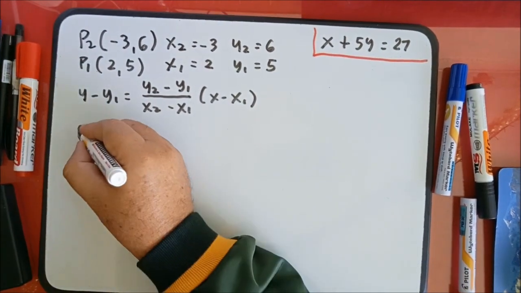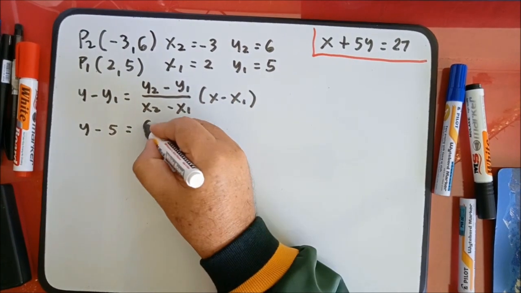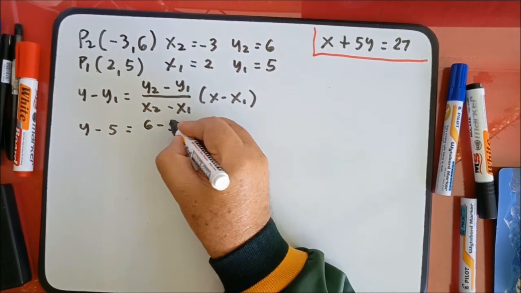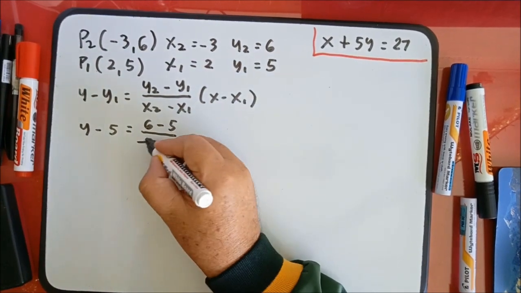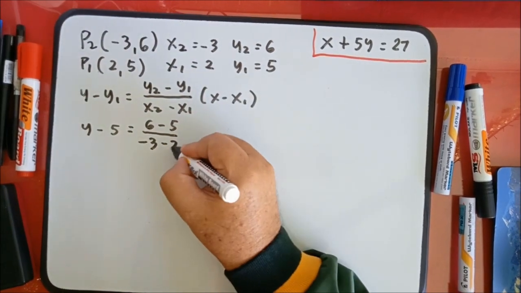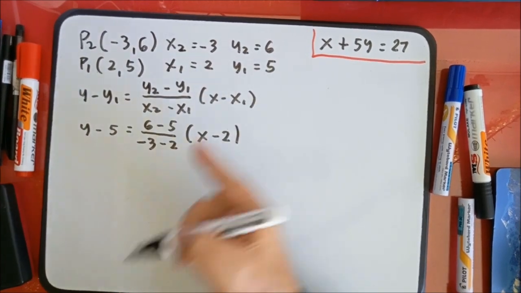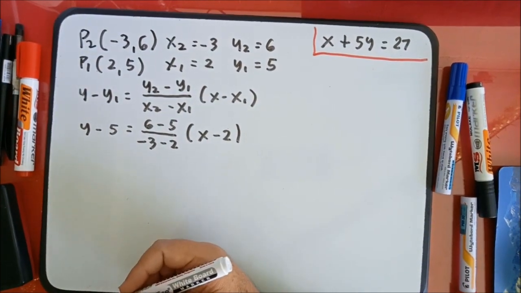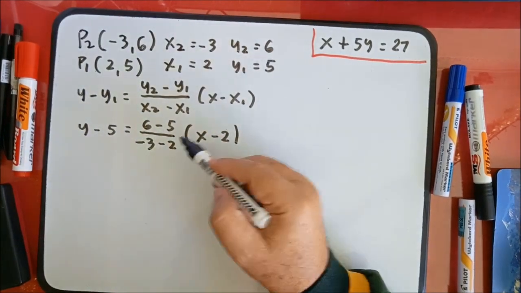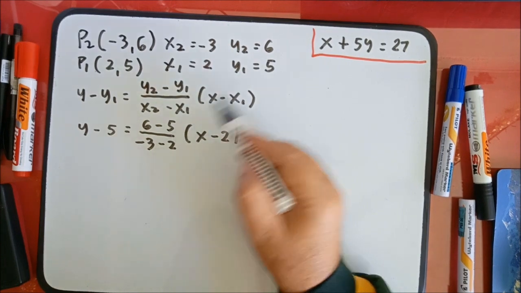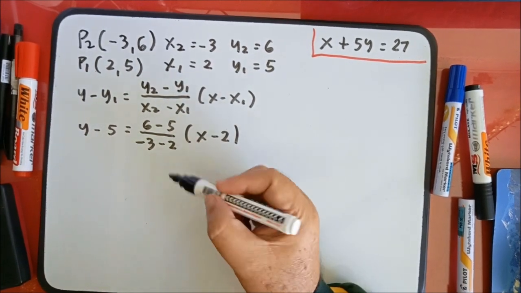Substitute: y minus 5 is equals to 6 minus 5 over negative 3 minus 2 times x minus 2. Ang layo. Iba na. Y sub 2 is 6. Y sub 1 is 5. X sub 2 is negative 3. X sub 1 is 2.